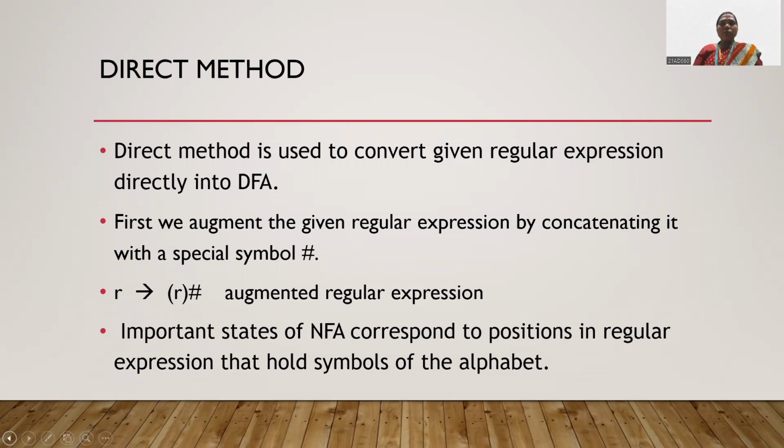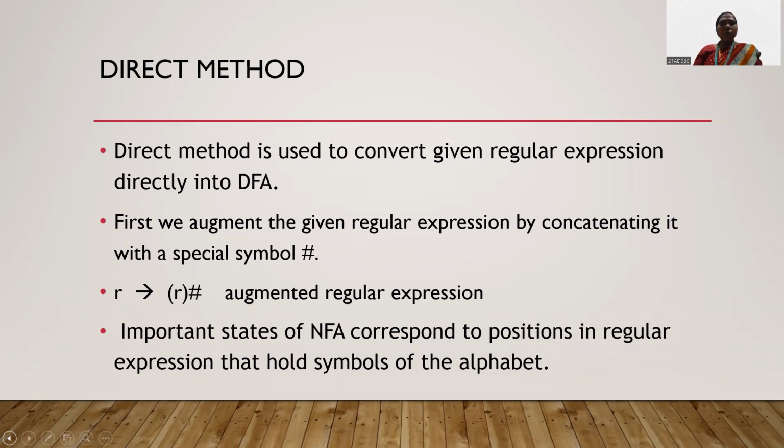Using this direct method, otherwise called the syntax tree method, we can convert the given regular expression directly into a DFA. First, we augment the given regular expression by concatenating it with a special symbol hash. That is, when a regular expression is given, (A or B), we put at the end a special symbol hash. This represents a full stop, the end of the regular expression.